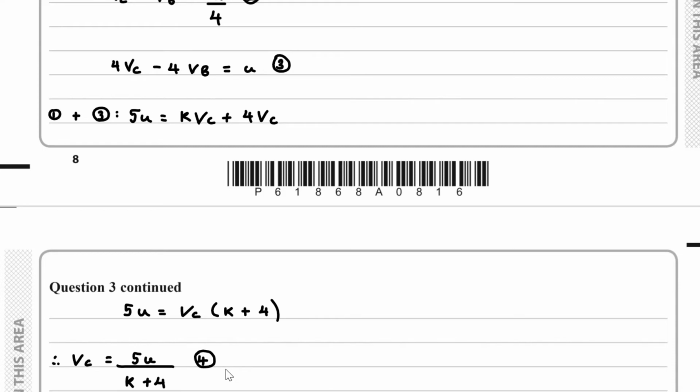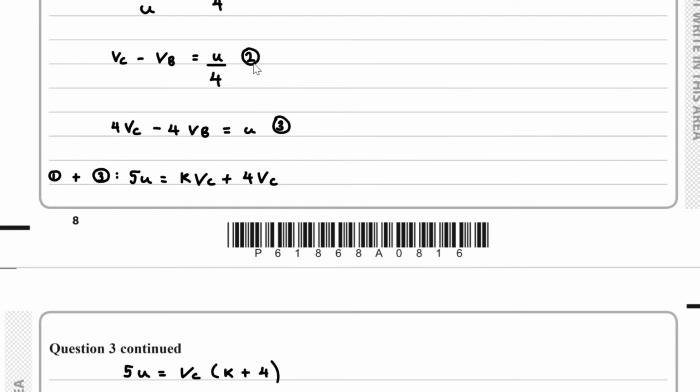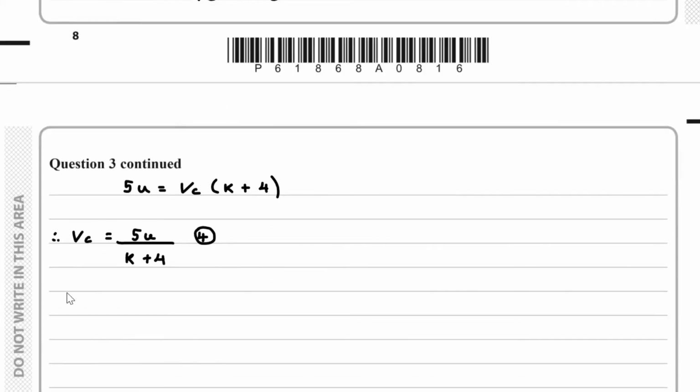And now what we can do is use equation 2 to help us find out what vB is. So from equation 2, we can rearrange to say that vB is equal to vC minus u over 4. We'll call this equation 5.